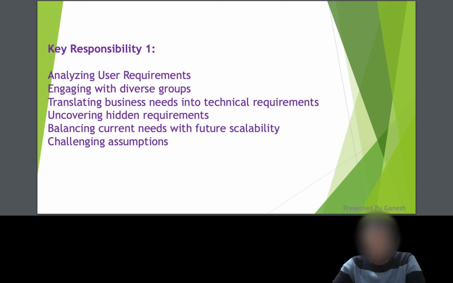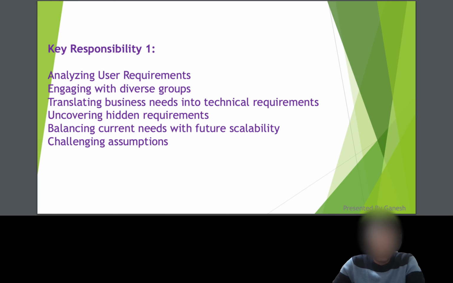Uncovering the hidden requirements. Solution architects use their technical expertise to identify requirements that non-technical stakeholders might overlook. For example, they might recognize the need for specifying security measures or scalability features. Balancing the current needs with future scalability: they consider not just immediate requirements but how the solution might need to evolve.